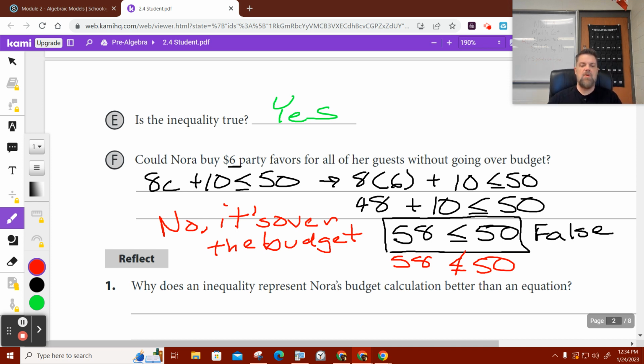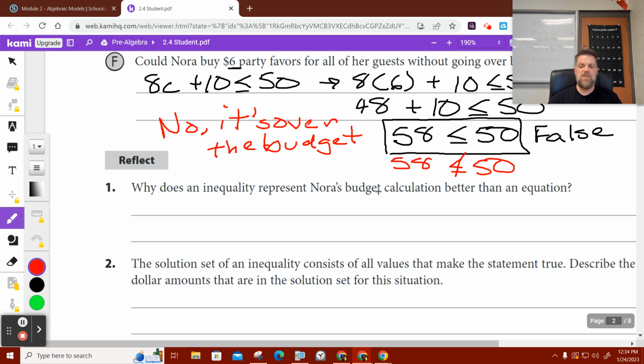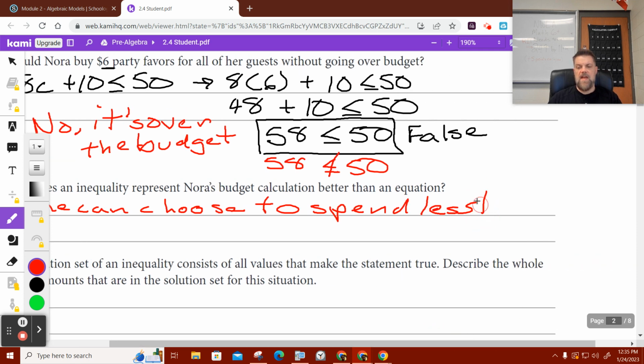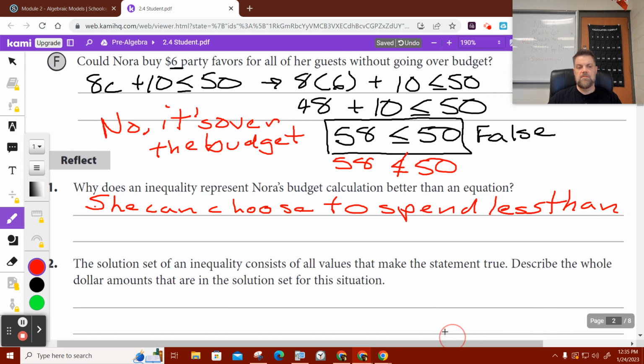So it says, why does the inequality represent Nora's budget calculation better than an equation? This is easy. She can choose to spend less than $50.